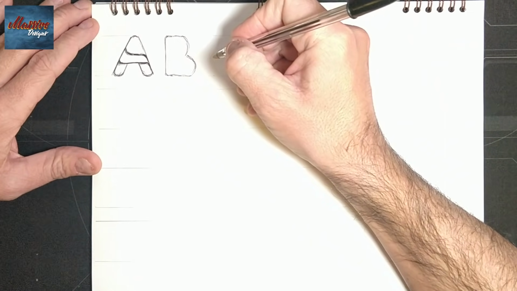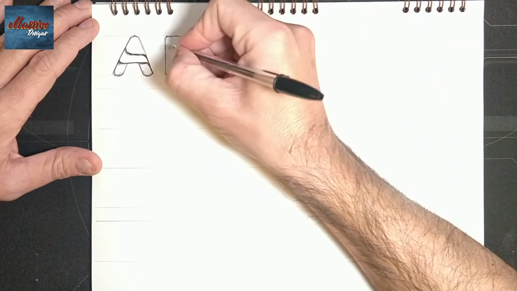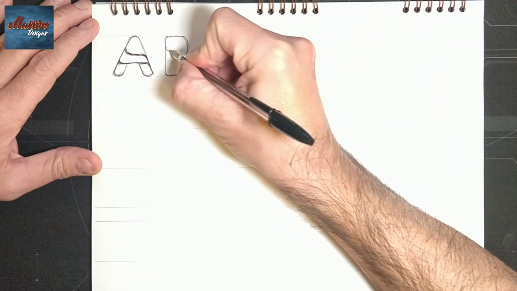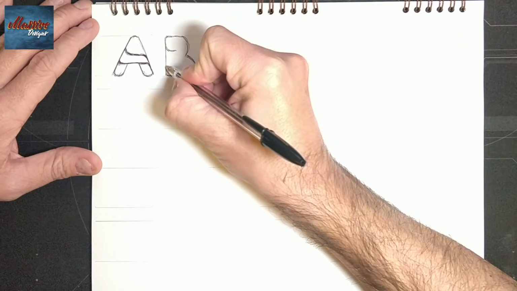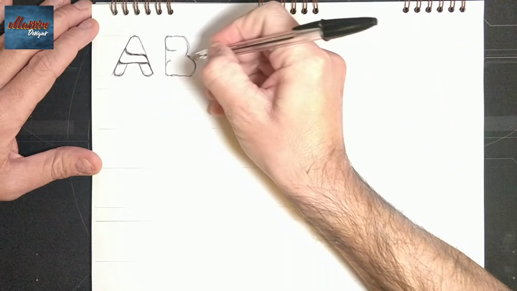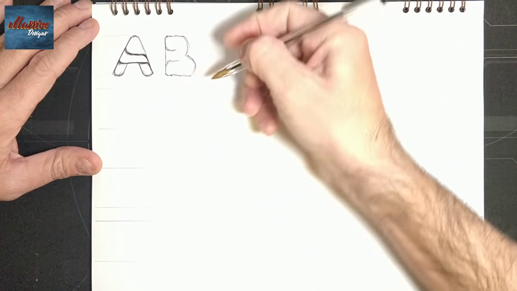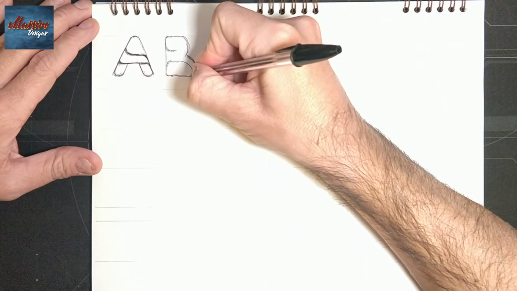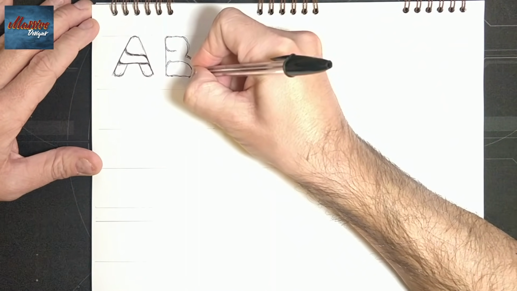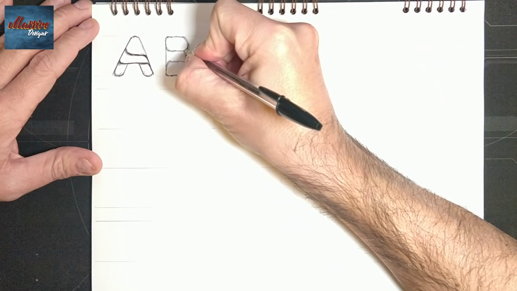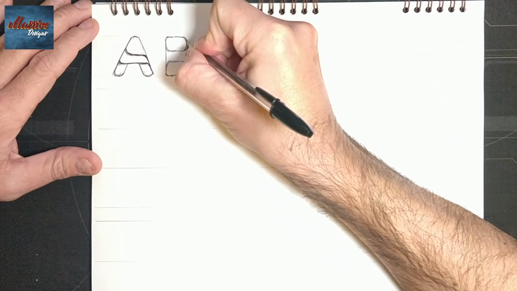Okay, so now we are going to move this part here, and this is going to be the middle part of the B, and we just do something like this, and obviously we are going to do the same here.